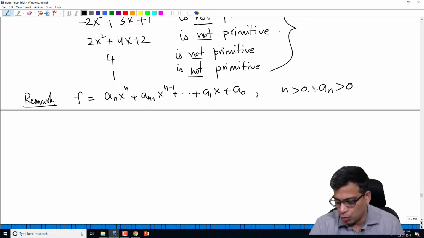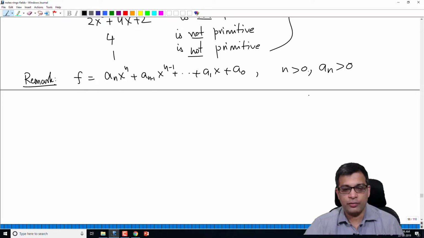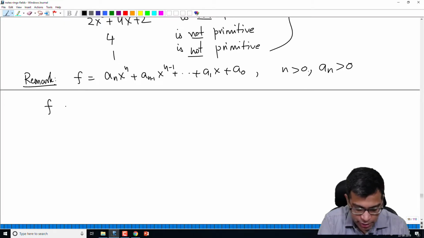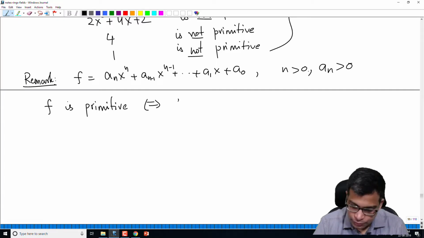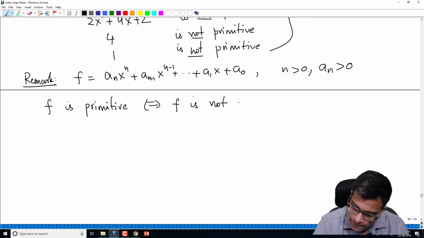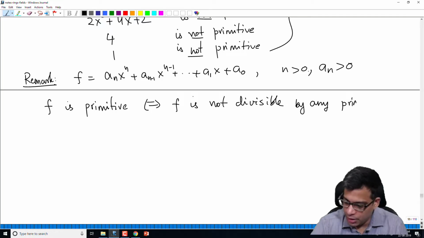So these are two of the three conditions: the degree is positive, the leading coefficient is positive. Now when is f primitive? We can characterize that by saying the following: f is primitive if and only if f is not divisible by any prime integer.